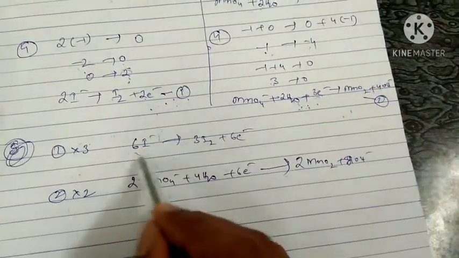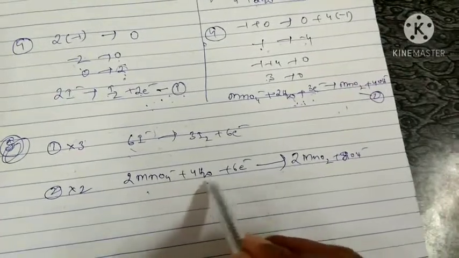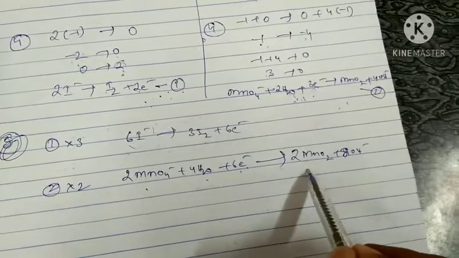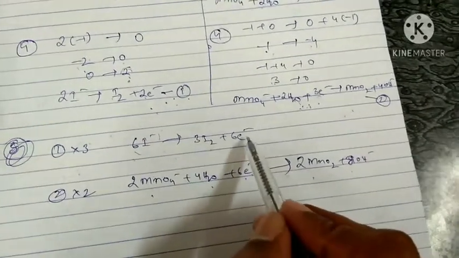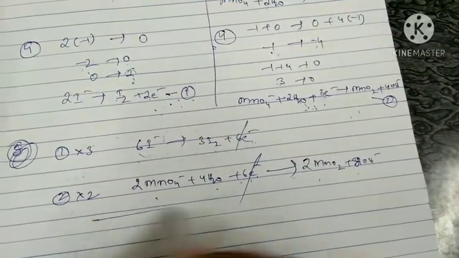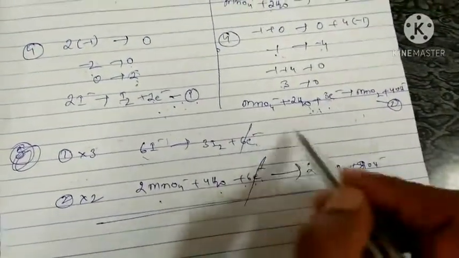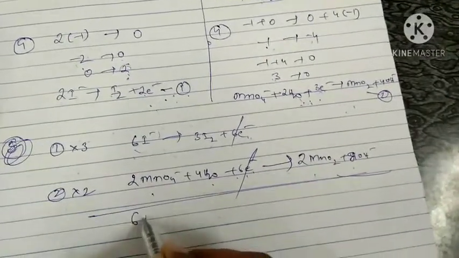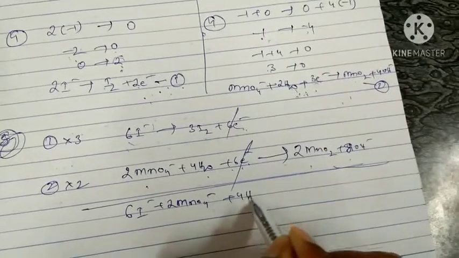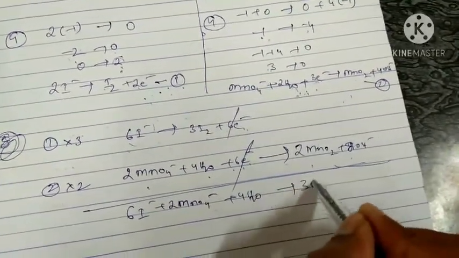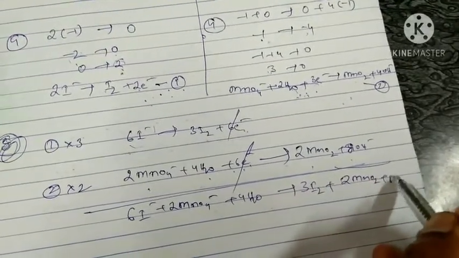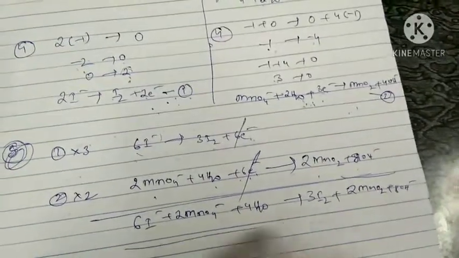Here on the left side, 6I⁻, 2MnO₄⁻, 4H₂O, 6 electrons. Here on the right side, 3I₂, 2MnO₂ plus 8OH⁻. Here electrons are present on the right side, here electrons are present on the left side. Both will cancel. Then 6I⁻ plus 2MnO₄⁻ plus 4H₂O gives rise to 3I₂ plus 2MnO₂ plus 8OH⁻. This is the required equation.